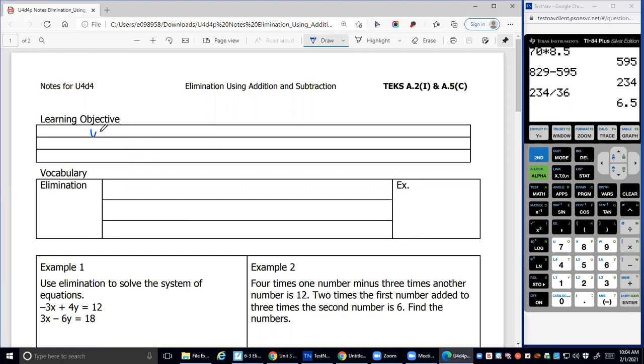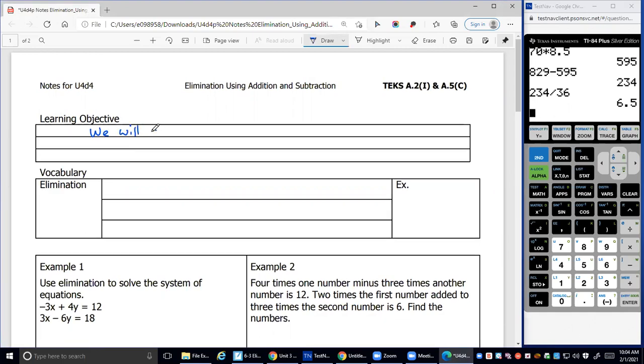So here, we will solve systems of equations, using elimination. What is elimination?